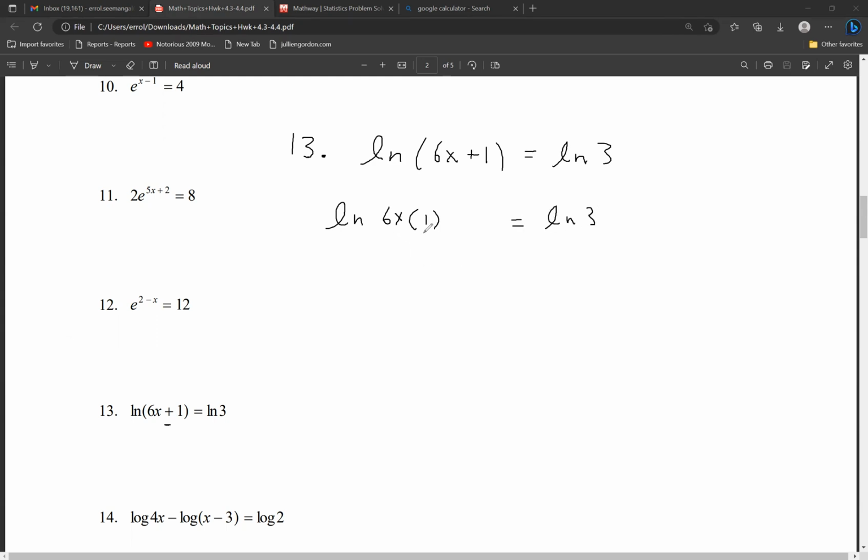And then we know 6x times 1 is just 6x. So log 6x equals log 3. So now what can we do? We can divide both sides by log 6, log 3 over log 6. What's log 3 divided by log 6? Do that for me.